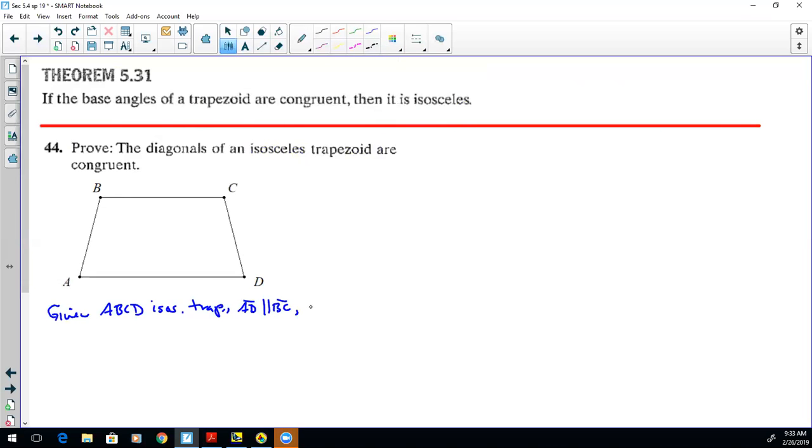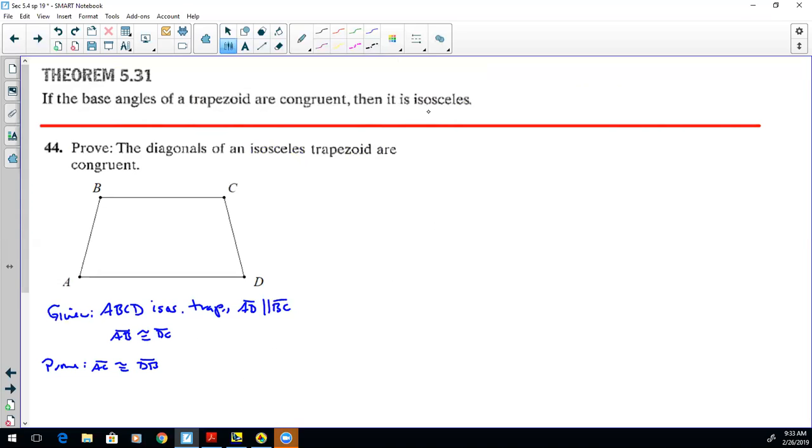And the isosceles bit is that AB is congruent to DC. What we want to prove is that AC, that diagonal, is congruent to the other diagonal, DB.